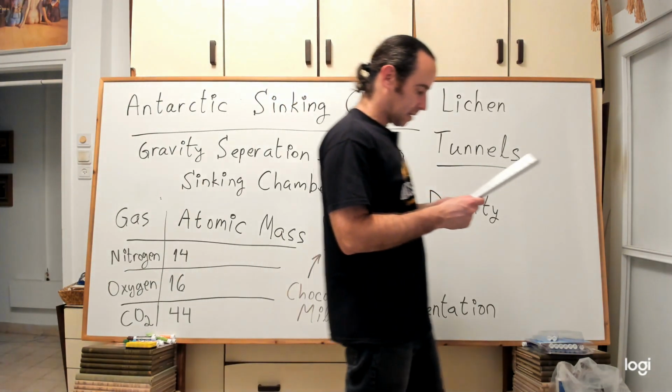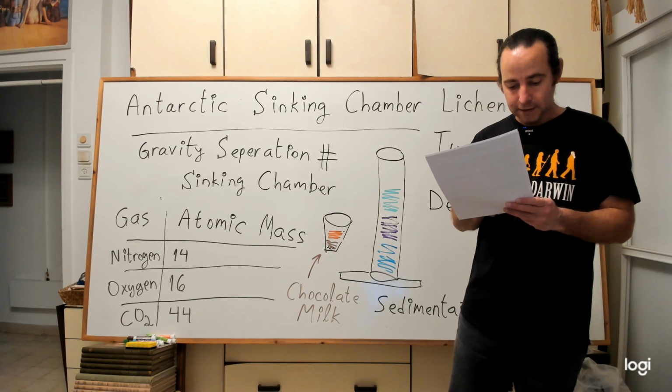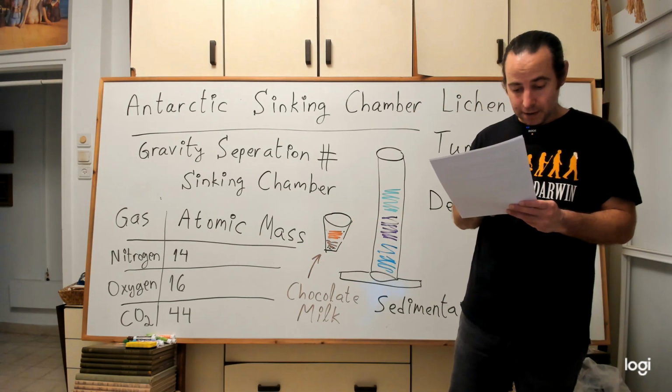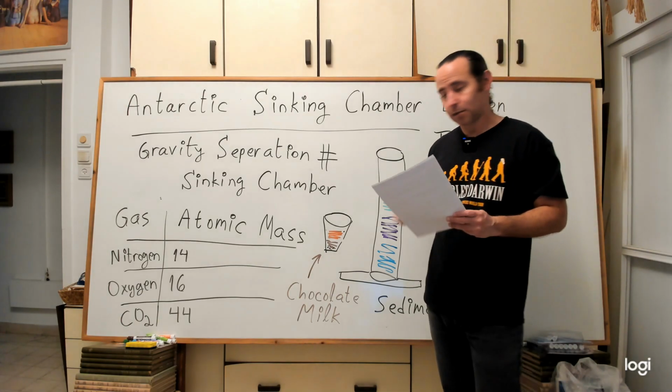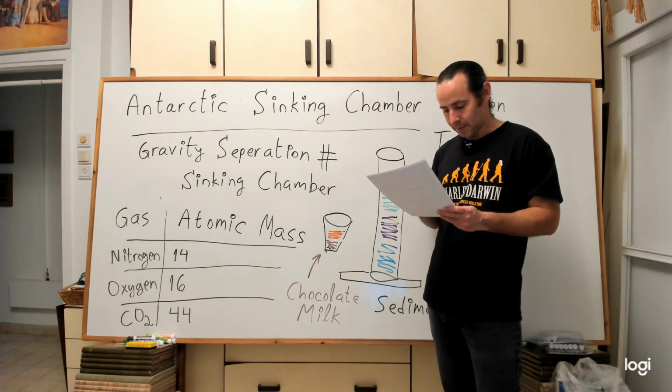In commercial chocolate milk, they put in carrageenan to prevent this. So in commercial chocolate milk, you don't have this layering.